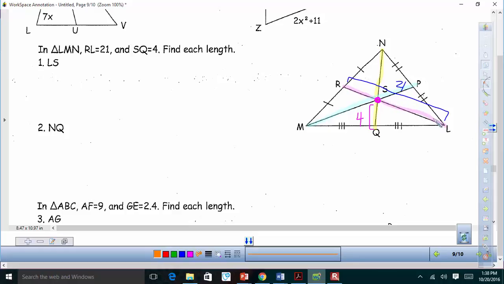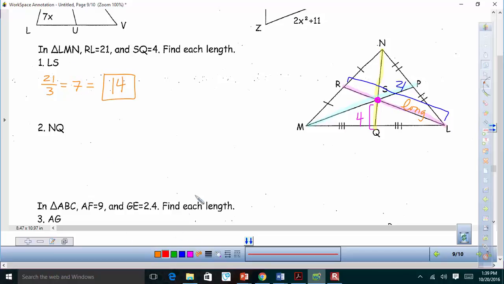Is this short or long? Long. Okay, so how much of that whole length is the long? 2/3. Okay, so I need to take 21 and do what to it? Divide it by 3. So that means there's going to be 3 pieces of 7. I need 2 of them, so what would that give me? 14. So LS equals 14.